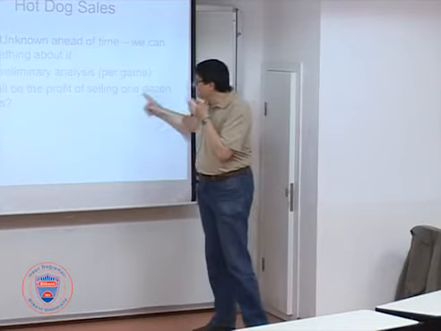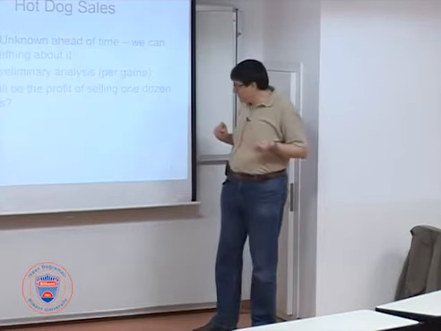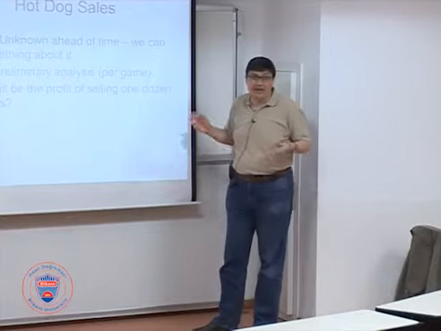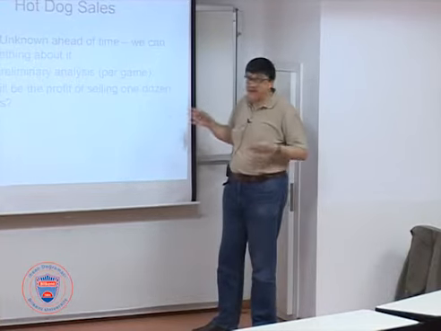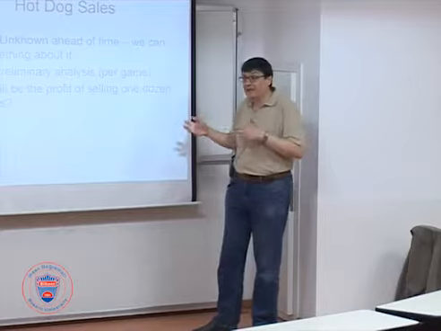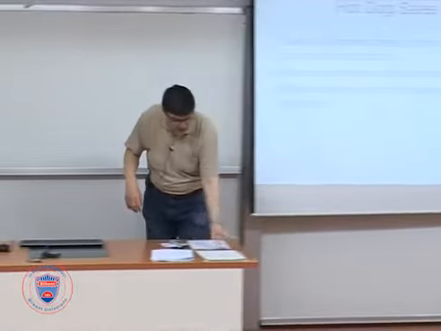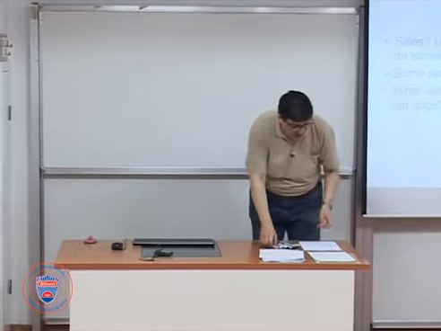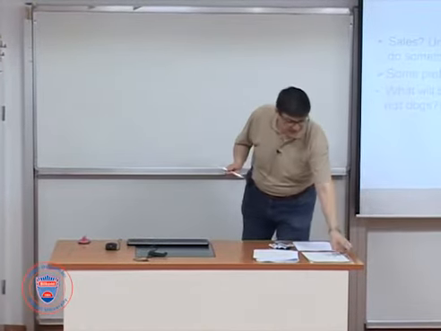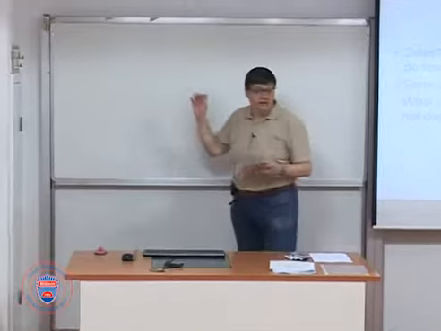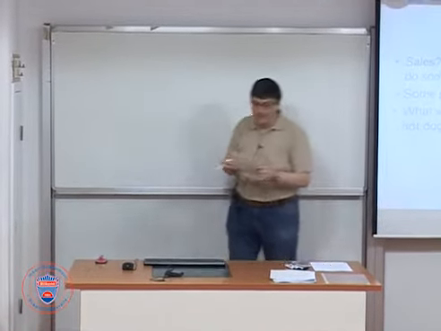Okay, now let's do some analysis with respect to what will happen if we sell a dozen hot dogs, if we sell other types of hot dogs, or other quantities of hot dogs. So what I will do now is write a table here, and we're going to fill up that table.